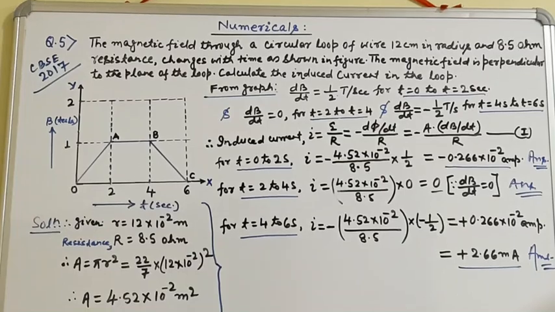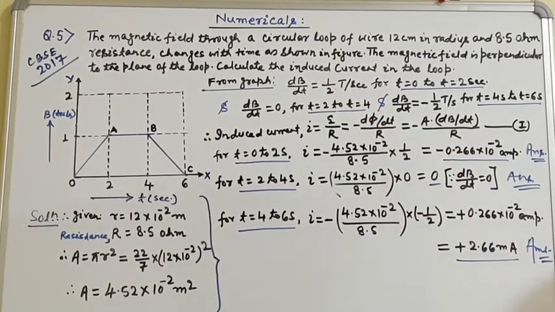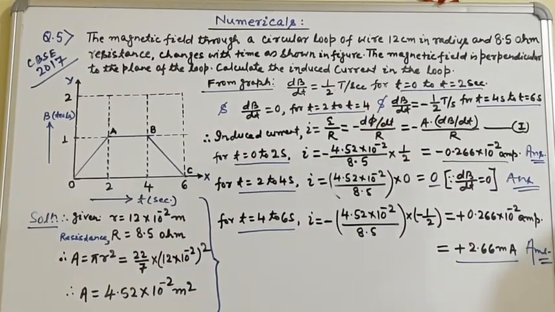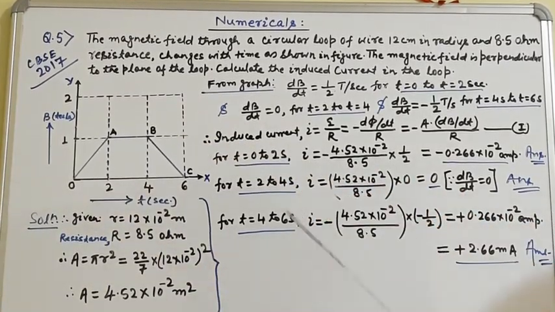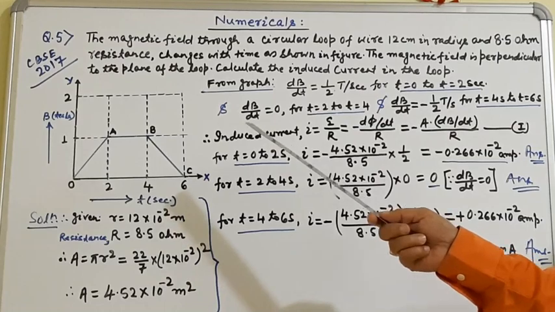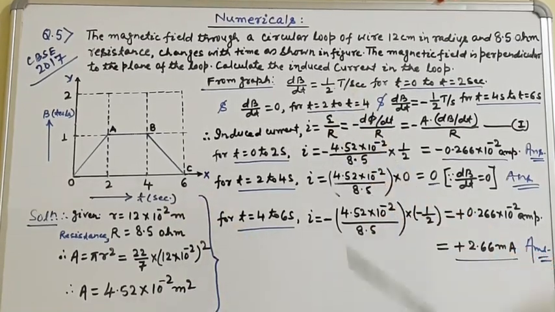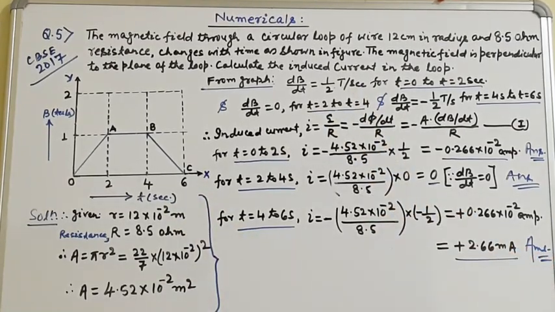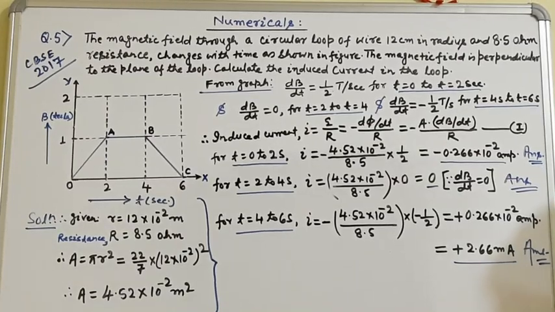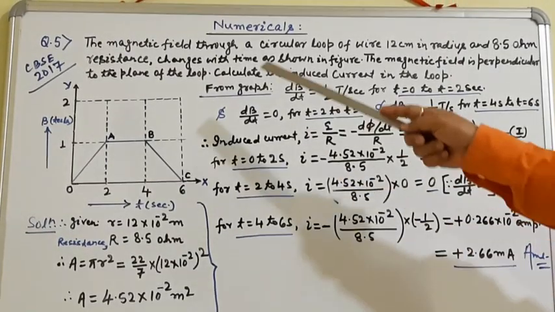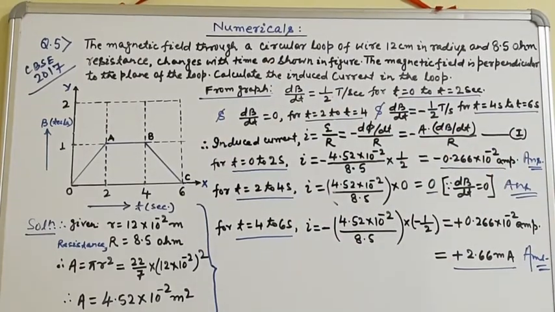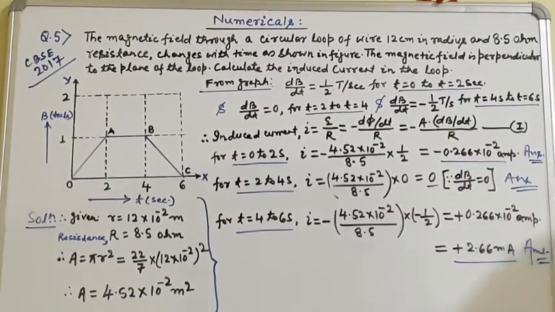This numerical is different from the previous four questions because from the given graph you will be asked to find the induced EMF or induced current from the question. So be attentive and see how you can solve this type of question, a graphical question.